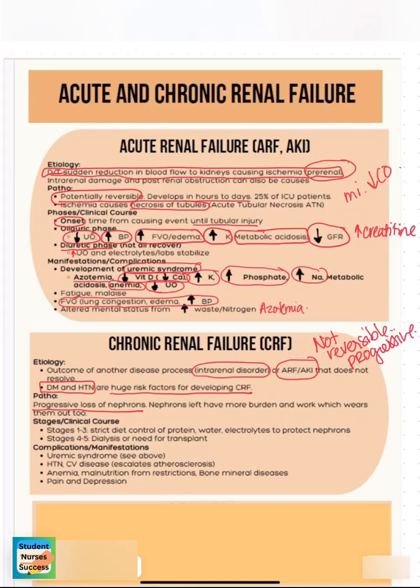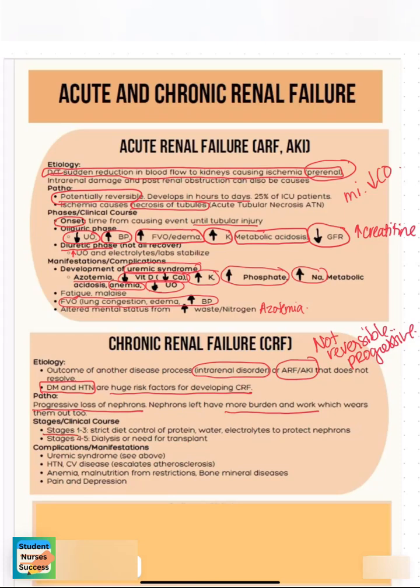As we lose nephrons, the nephrons that are remaining have to do even more work. And so it's harder on them, and then they die off. So what we see is this progressive loss of nephrons, and really just this slow chronic process of kidney failure.